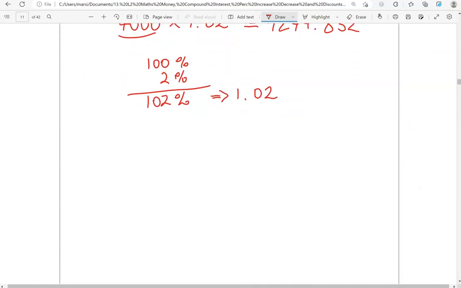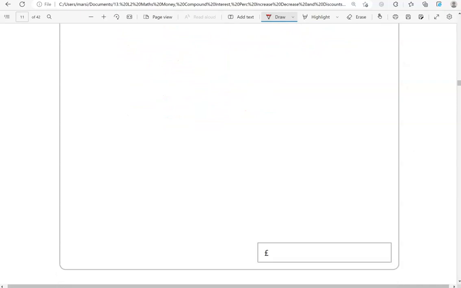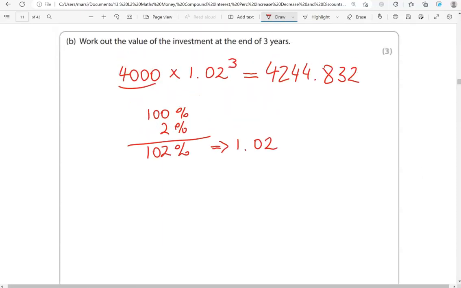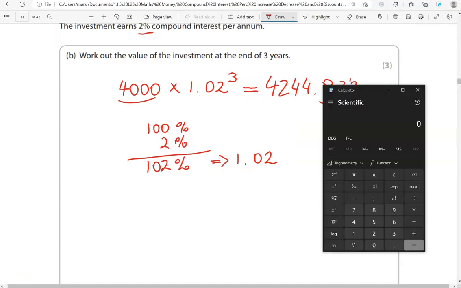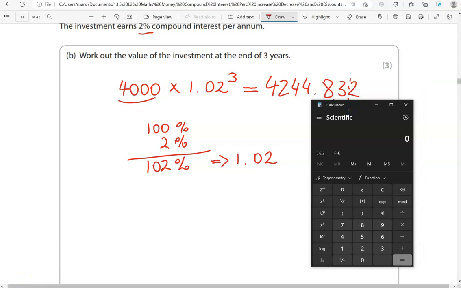So this is £4,244 and 83 pence, rounding this to 2 decimal places. I'll show you how to do the calculation with a scientific calculator as well. So 4,000 times 1.02 to the power of 3 equals the same answer.